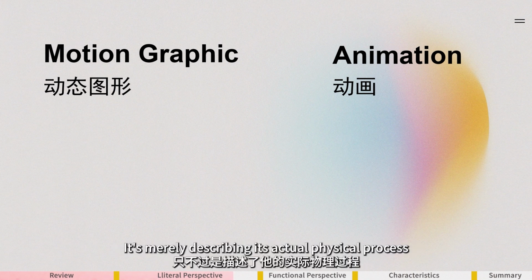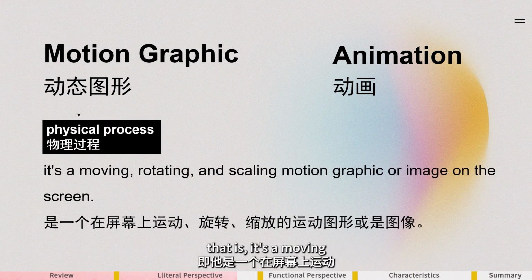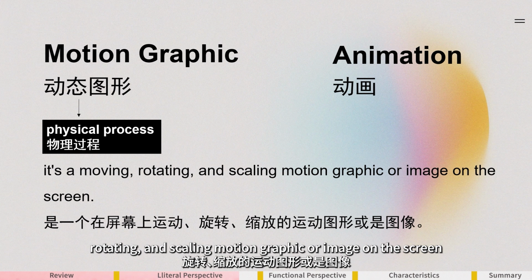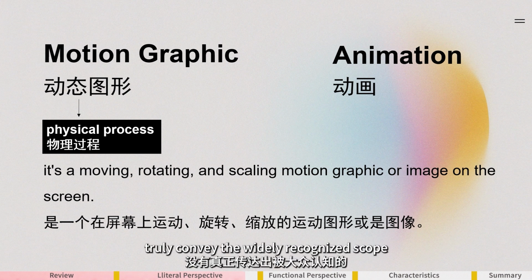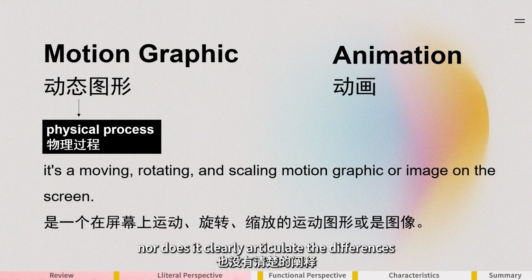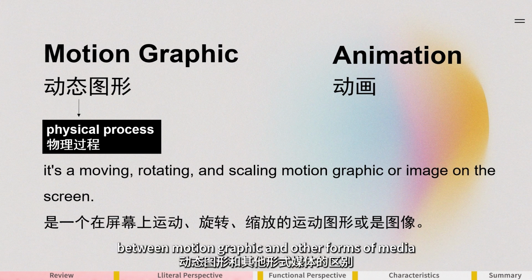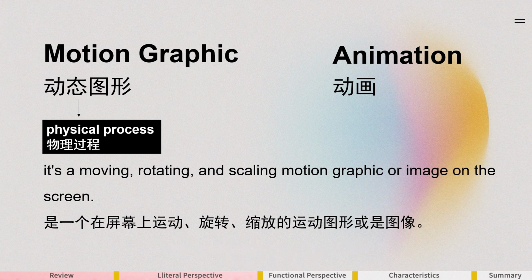It's merely describing its actual physical process, that is, a moving, rotating, and scaling graphic or image on the screen. This explanation doesn't truly convey the widely recognized scope of motion graphic, nor does it clearly articulate the differences between motion graphic and other forms of media, such as animation or visual effects.